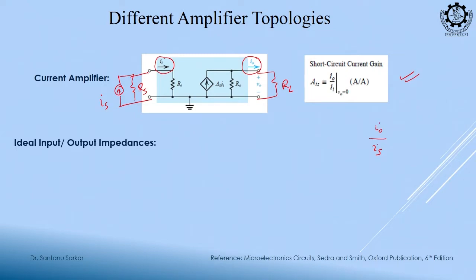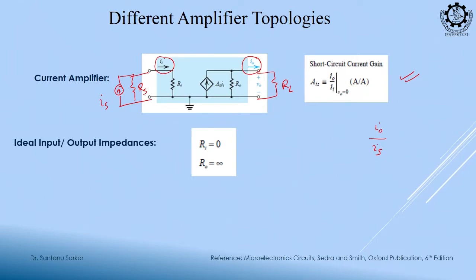So, can you tell me what should be my input impedance Ri and what should be my output impedance requirement? Ri should be very less and Ro should be very high. Why? Because our job now is to deliver this current to the load.